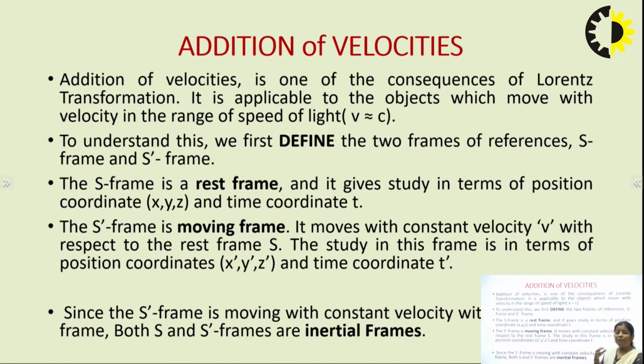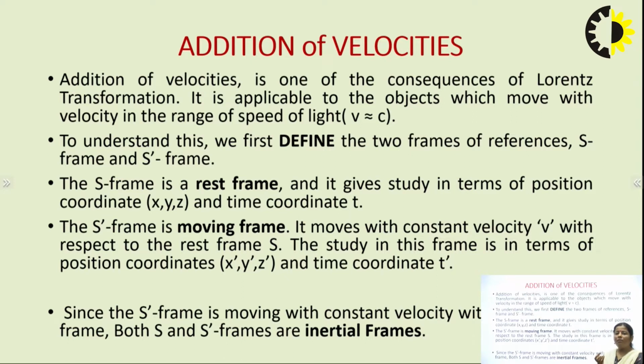In some other lectures, you will become familiar in detail with what an inertial frame means and how such frames behave. For this discussion, for the entire discussion of relativistic mechanics, we will prefer the inertial frames.